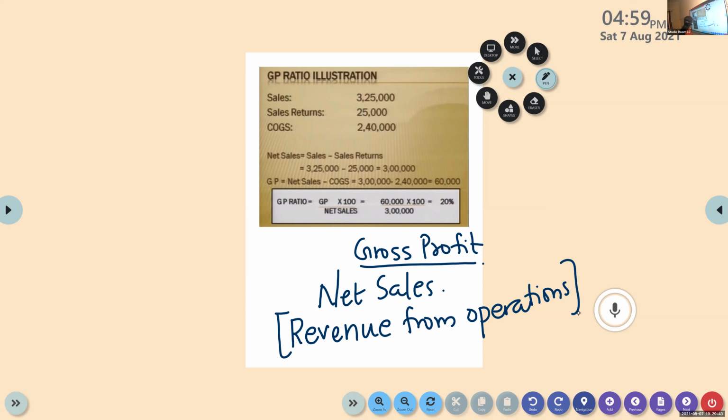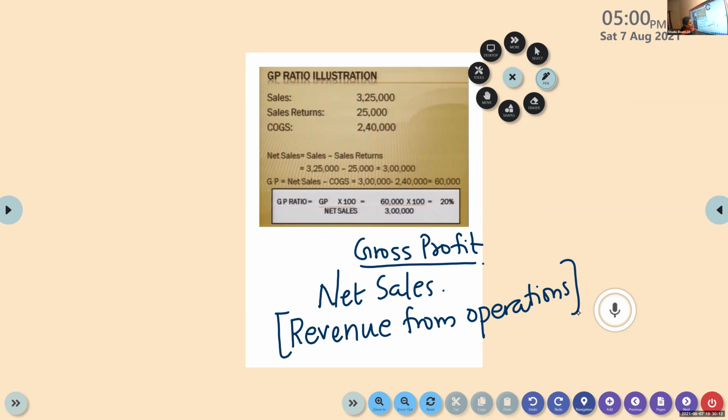Revenue means the income. Income from the operations. Operations is what? It is the trading activity. Okay. So this is about gross profit ratio.